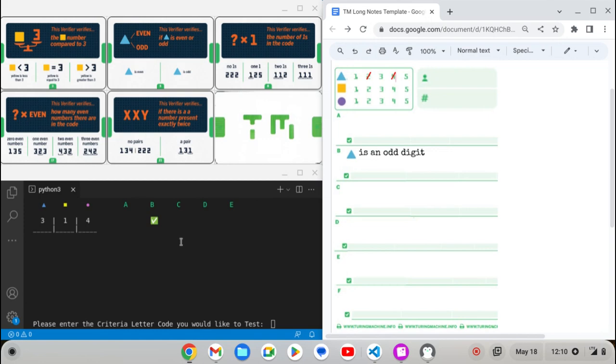Okay, so next, let's see. I want to see if there is a pair of digits. Yeah, so let's test E. Okay, so the Turing machine confirms that if you look at my proposal, I have all unique digits.